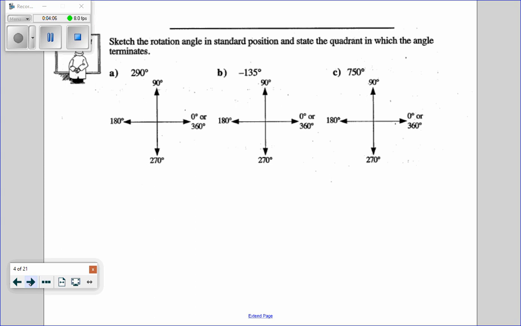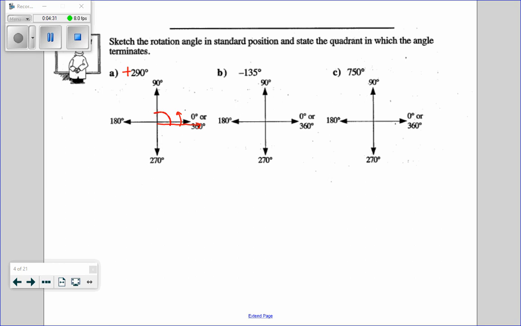Okay, so when we ask you to sketch, I'm not going to look at Amy's and go, oh, that looks more like 58 degrees, not 60, right? We're looking for, did you land in the right quadrant? That's all we're kind of looking for. So 290 degrees is positive. So you're going to start on the x-axis and you're going to go up off of it. So you're going to go this way around.